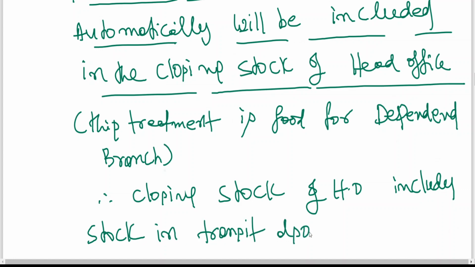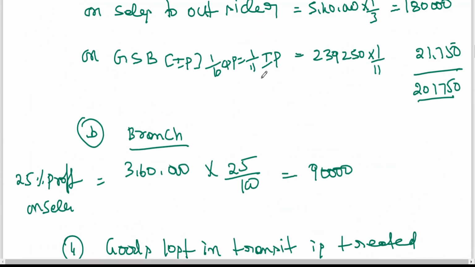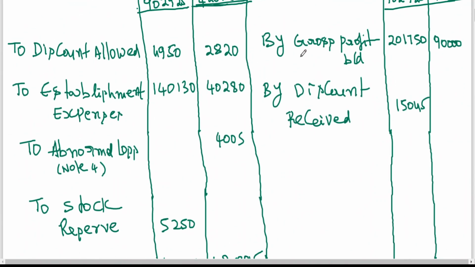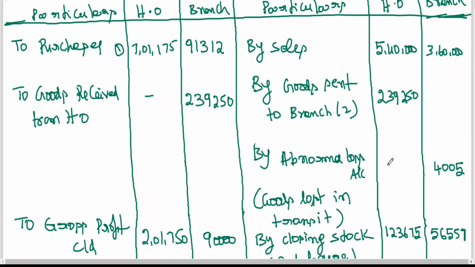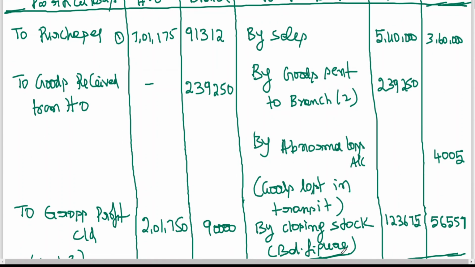It has to be either in the branch column or in the head office column. So that is why, when you deduct from sales, when you deduct from goods sent to branch, automatically what will happen? Purchases will be more, and when you deduct this, sales is reduced, closing stock automatically increases. So closing stock includes goods in transit.